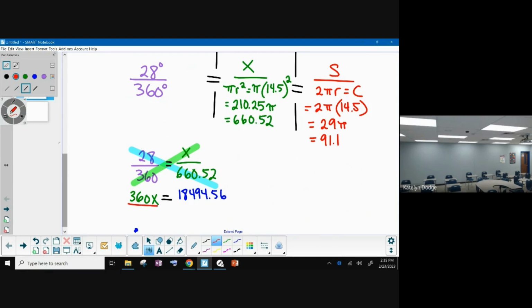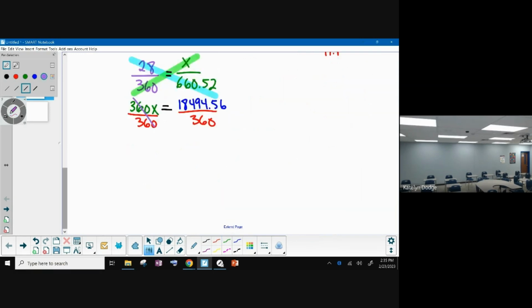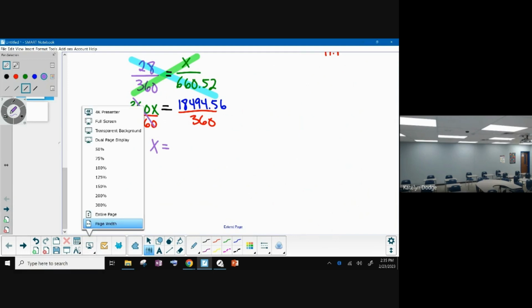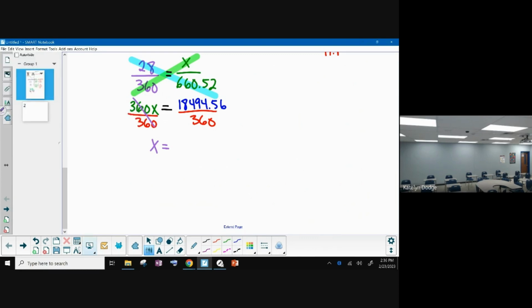And then we can divide both sides by 360. So after I divide by 360, I get 51.37.